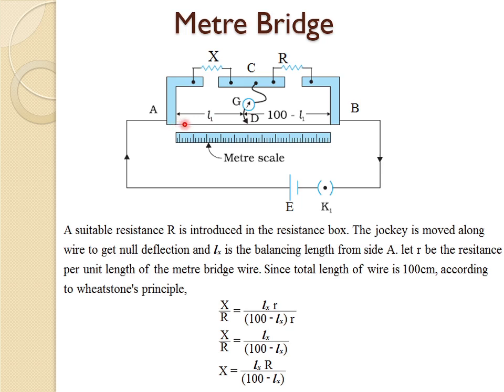When we move from the point A, we can see the needle in the galvanometer coming towards the zero position, and at a particular point, what will happen? The galvanometer shows null deflection. That means the needle reaches the zero value.